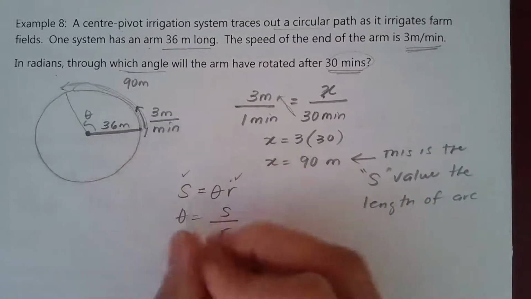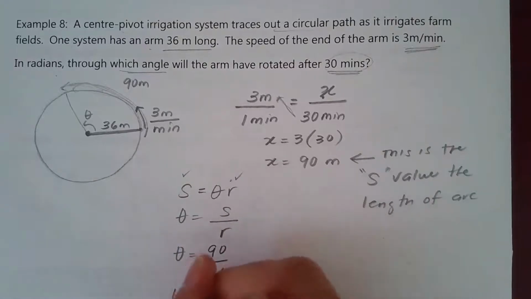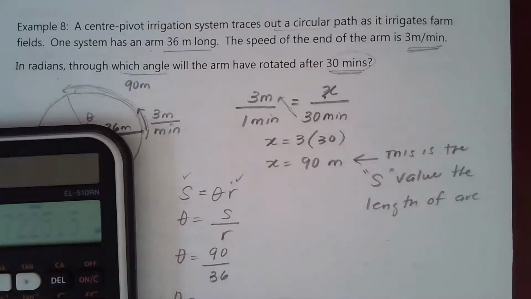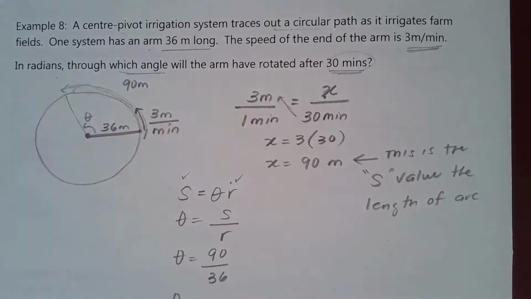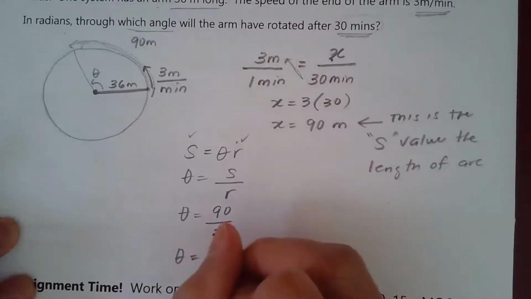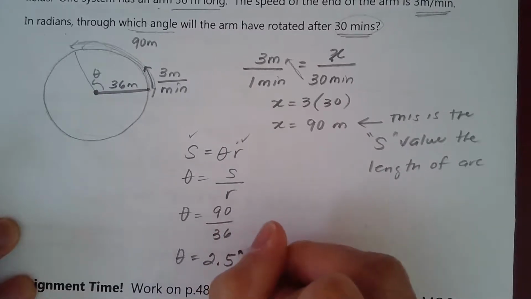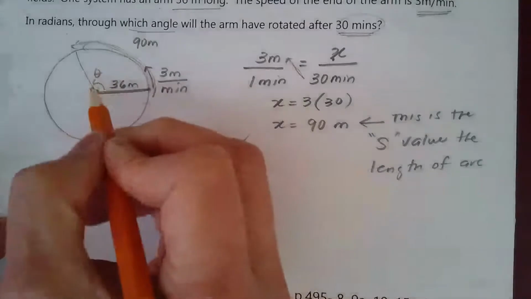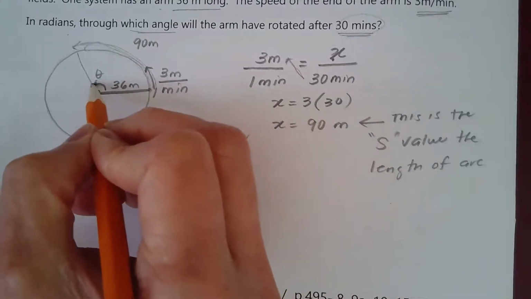Radius is 36 meters. So that's going to give us 90 divided by 36, which is 2.5 radians. That's how much it has turned, 2.5 radians this way.